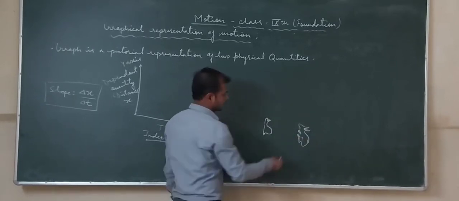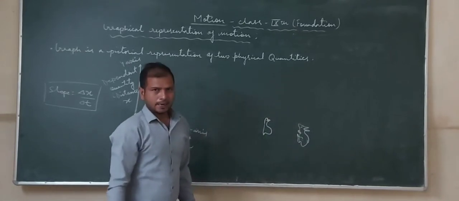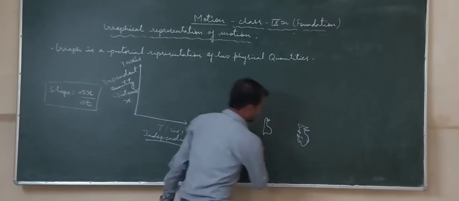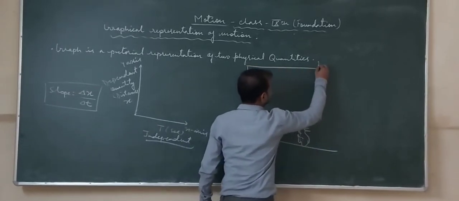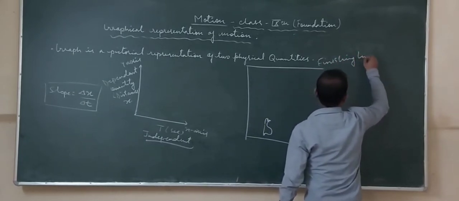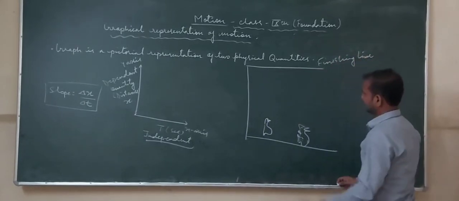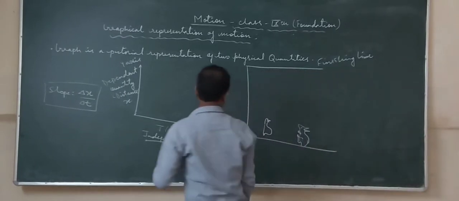Pardon my diagram. It has started the race in this form. Suppose this is the finishing line, and this is the reference point, the origin or the starting point, you can say.